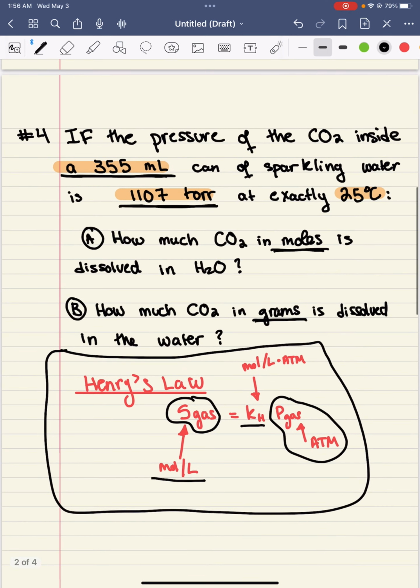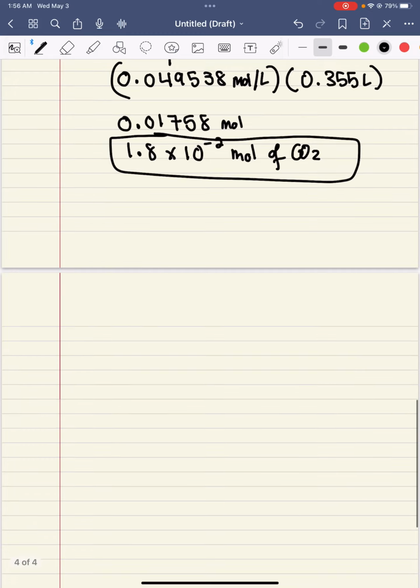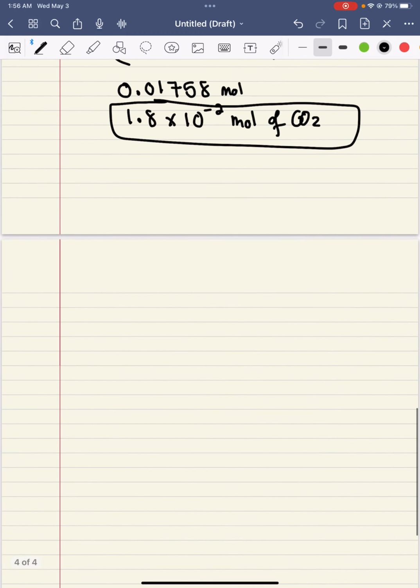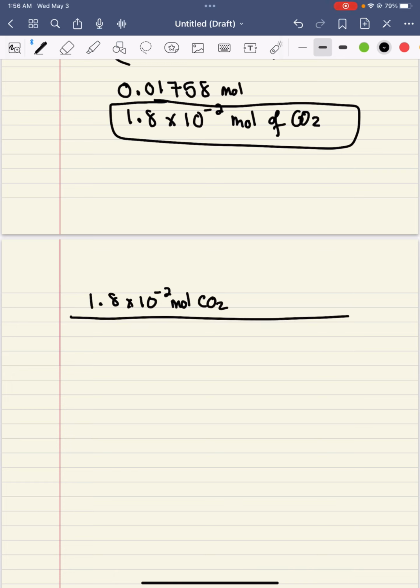For the second part of the question, it asks you how much in grams of CO2 is dissolved in the water. So that is fairly easy. You just take the answer that you just found, 1.8 times 10 to the negative second moles of CO2, and you times that by the molar mass of CO2, which is 44.01 grams of CO2 over 1 mole.